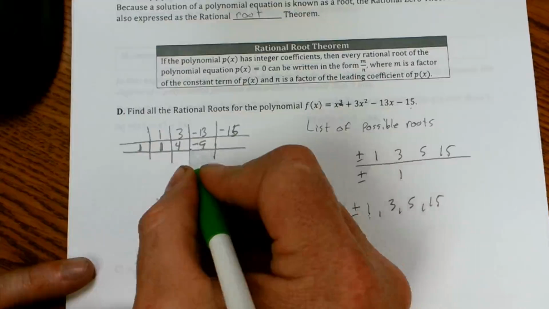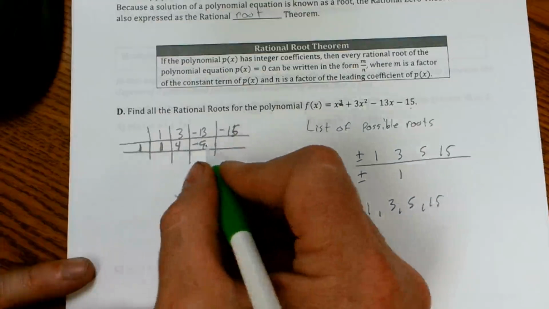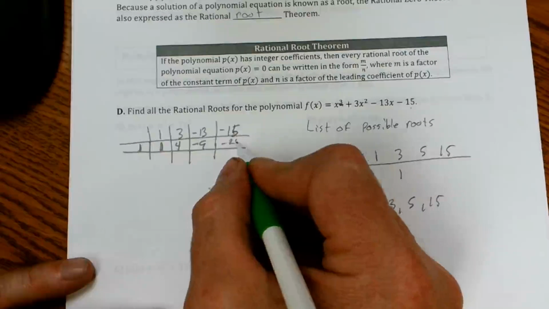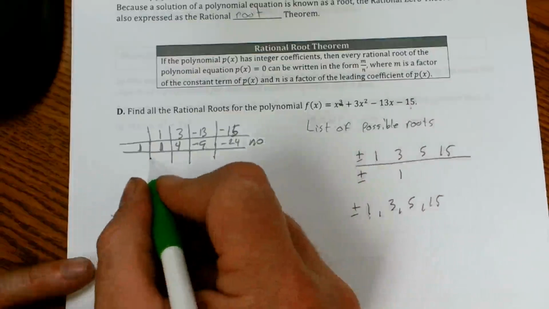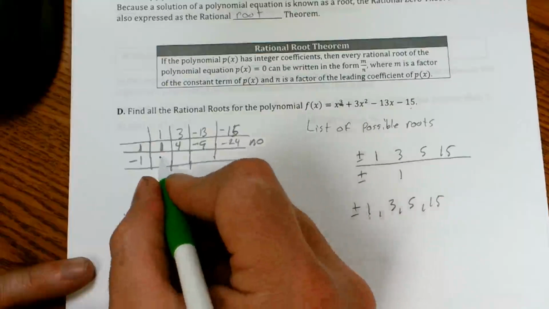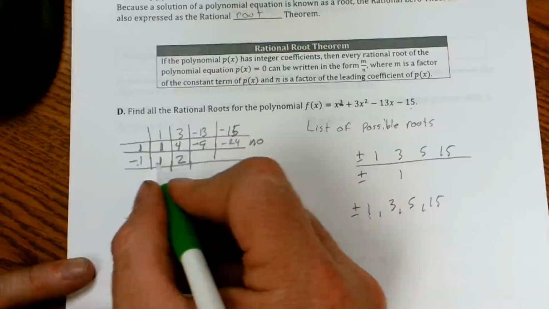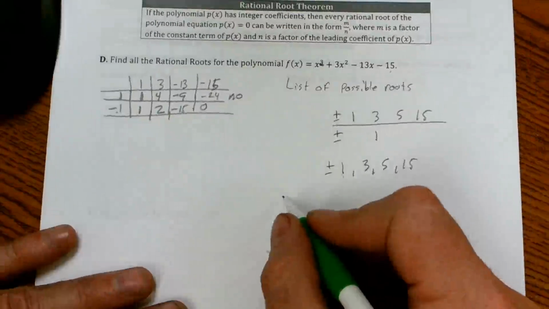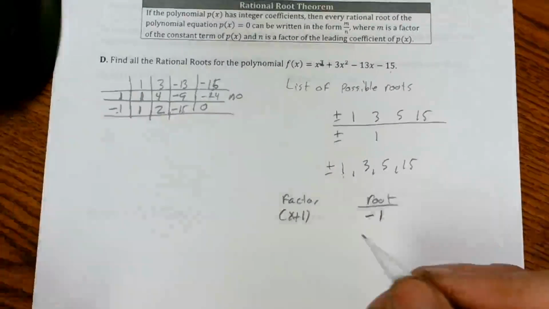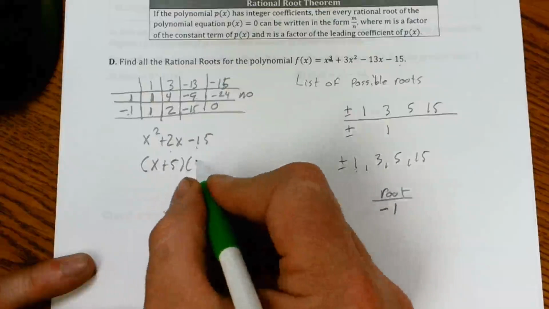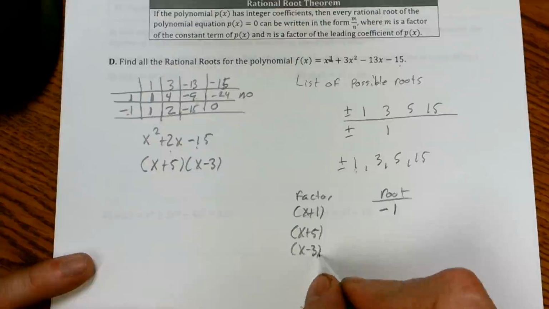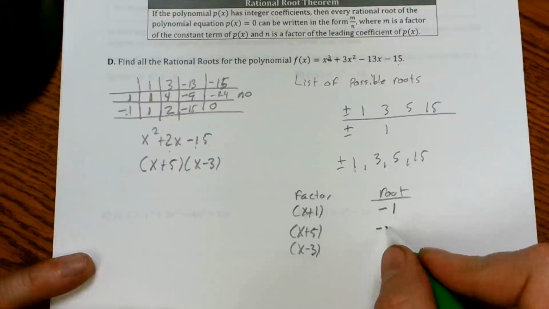What's left? Well, that looks like x squared plus 2x minus 15. And let's see if we can think of something that multiplies to negative 15 and adds up to 2, and we can. That would be 5 and negative 3. So we have our other factors, x plus 5 and x minus 3.